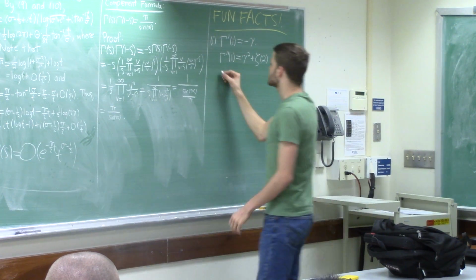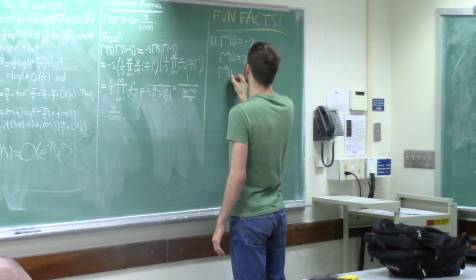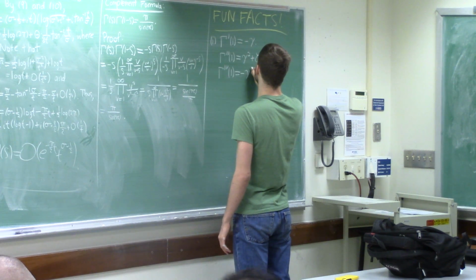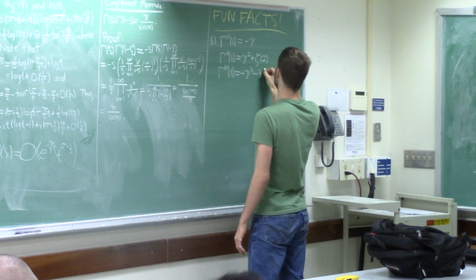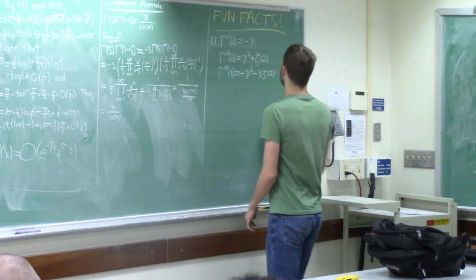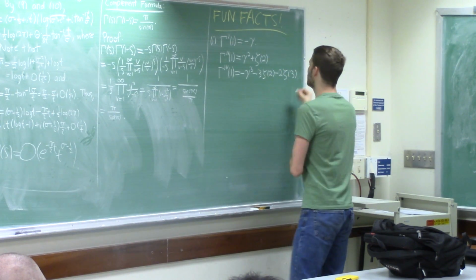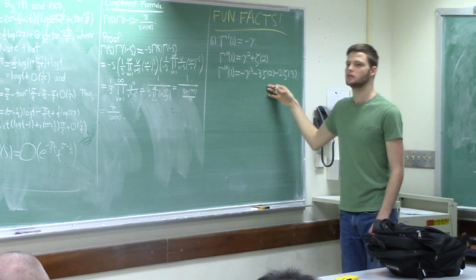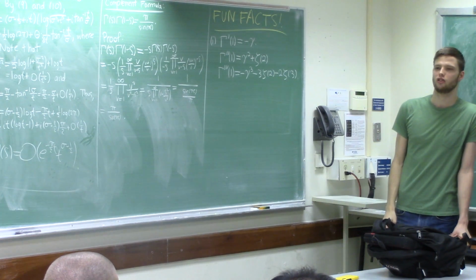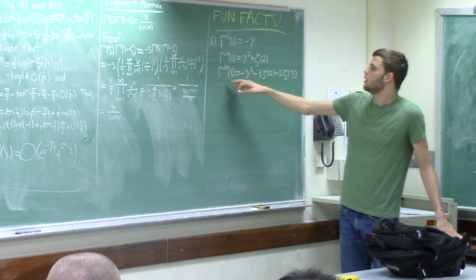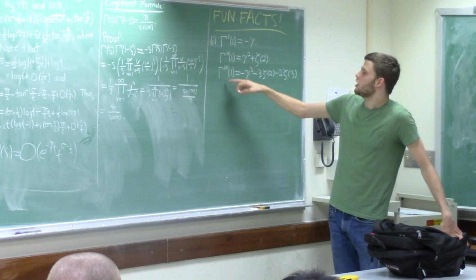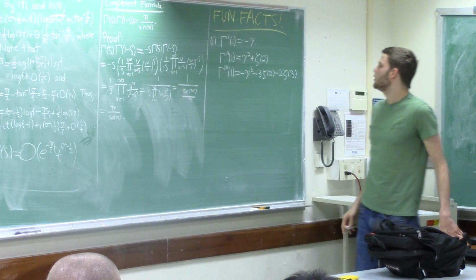And I also computed gamma triple prime of 1, and it turns out to be negative gamma cubed minus 3 zeta of 2 minus 2 zeta of 3. And so you can see you're getting values of the zeta function at positive integers coming from differentiating the gamma function and evaluating it at 1.